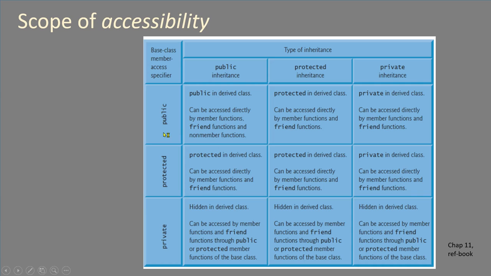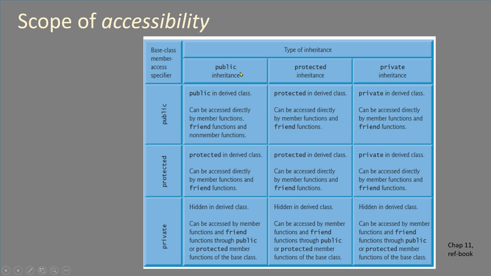These are the three different scope specifiers that I can control my members with. And if I want to inherit a class from this base class, I have three options. I can use public inheritance, for example, class B publicly inherited from this base class, or class B protectedly inherited from this class, or class B privately inherited from this class.